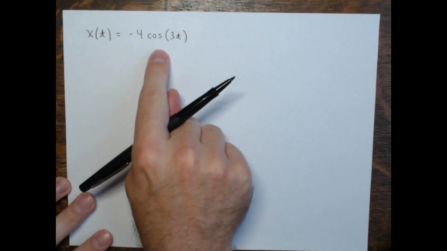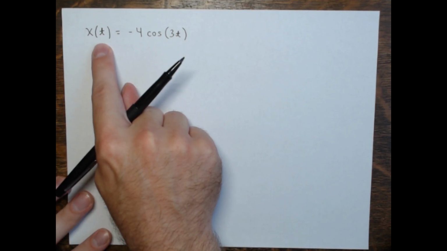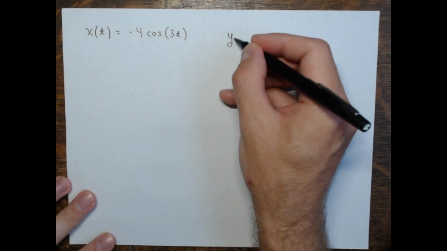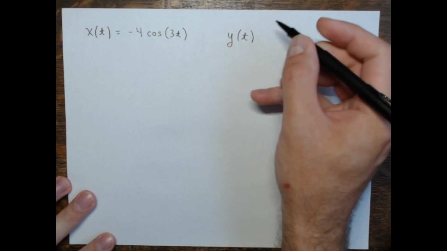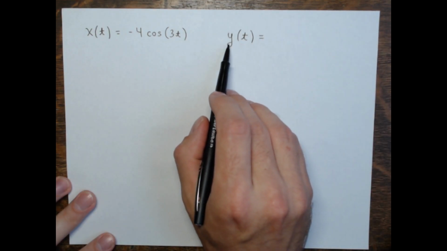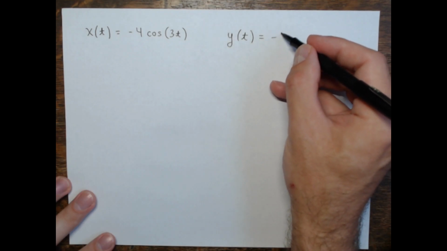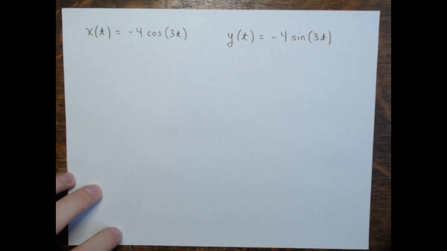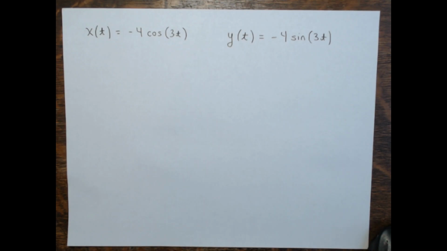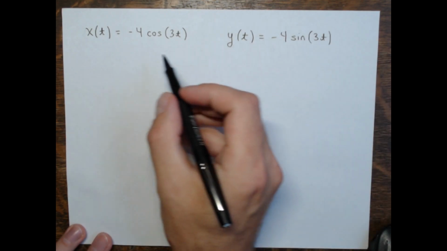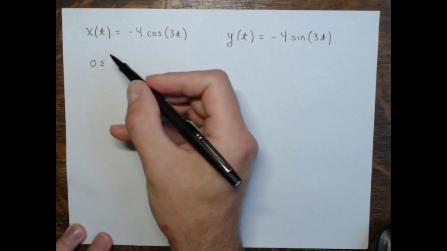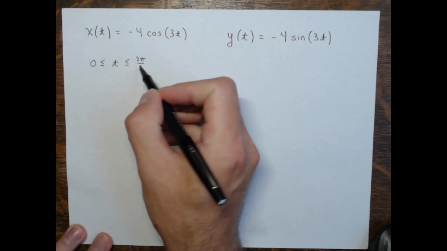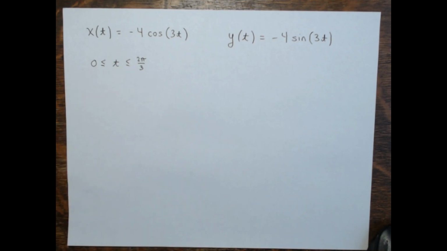This is going to give me the x coordinate of whatever location I'm at, depending on the value of t, and then the y coordinate of whatever location I'm at on the xy plane is given to us as y of t equals -4 times the sine of 3t, and the value of t, we're told, is in this range, from 0 to 2 pi over 3, including 0, including 2 pi over 3.